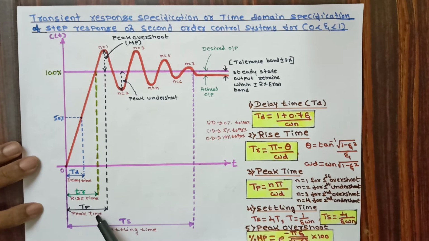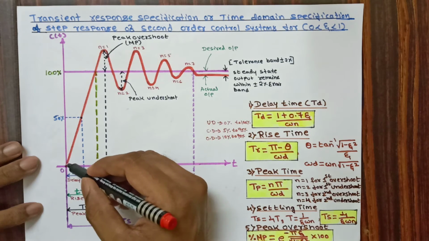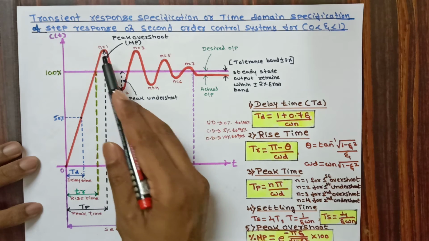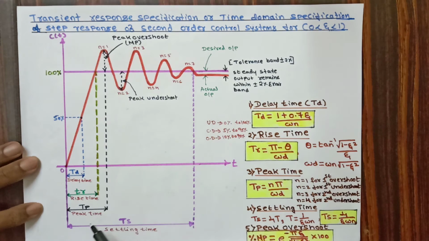Next, peak time. Peak time is the time required for the response to rise from 0 to the first maxima, and it is denoted by Tp. You can see the formula. Tp is equivalent to n pi by omega d. Here n is equal to 1 for first overshoot, n is equal to 2 for first undershoot, n is equal to 3 for second overshoot, n is equal to 4 for second undershoot.